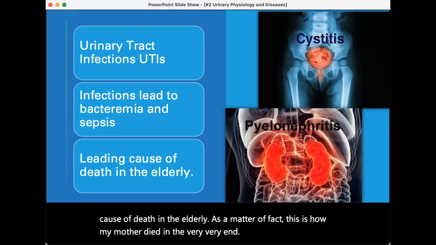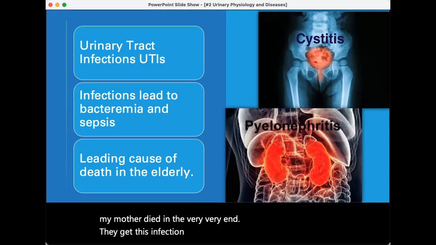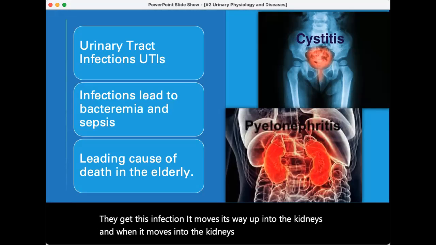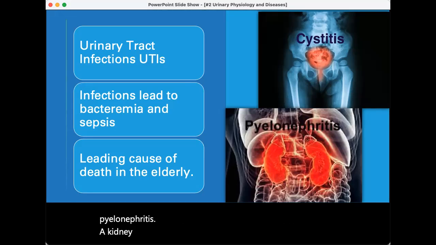They get this infection, it moves its way up into the kidneys, and when it moves into the kidneys, it becomes pyelonephritis. A kidney infection is pyelonephritis. A bladder infection is cystitis. And remember, in the kidneys, there's this massive vascular supply, these tiny little capillaries.